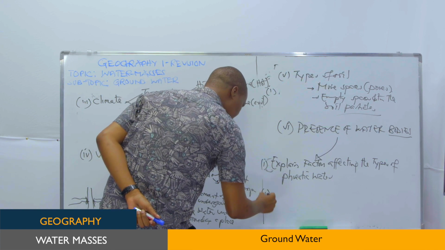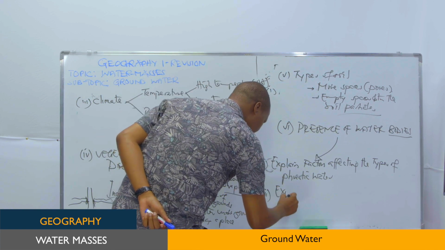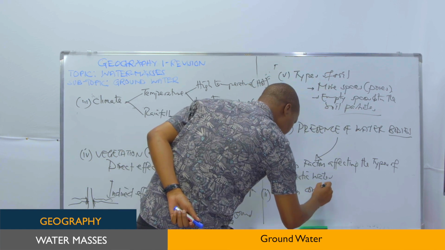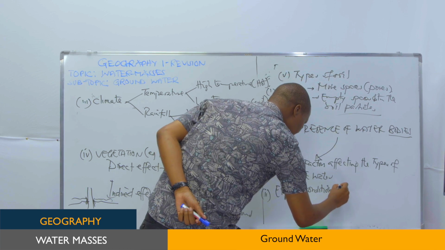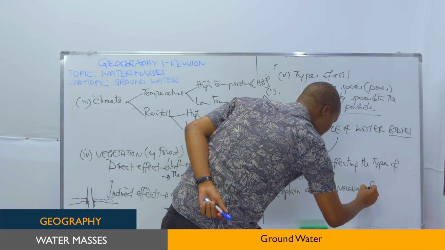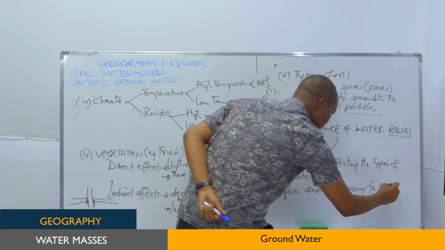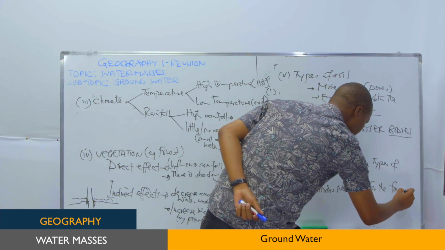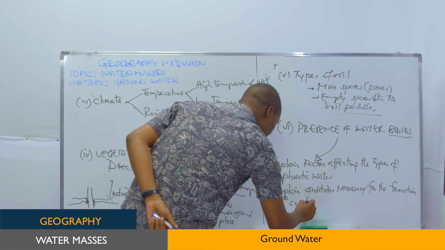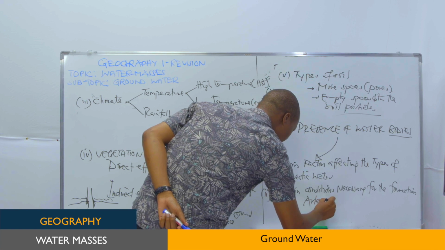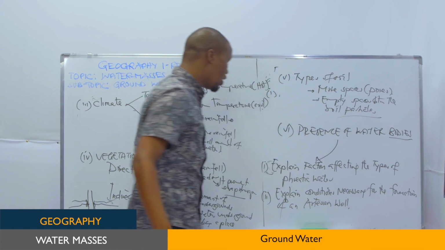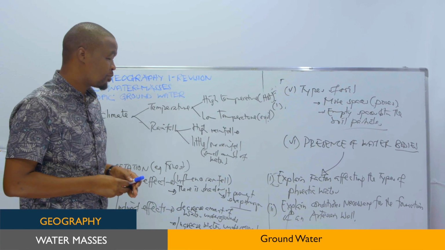The second question is: explain conditions necessary for the formation of an artesian well. Please go and read this, and I need the answers, please.